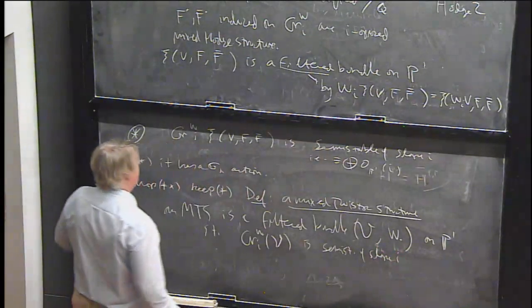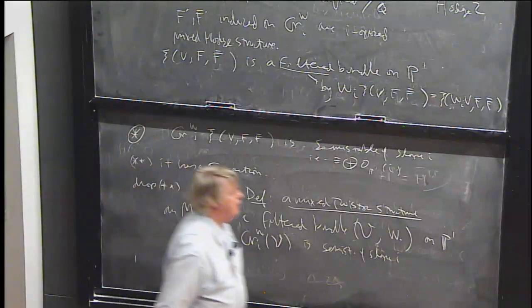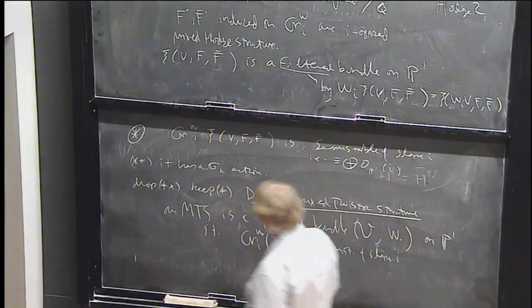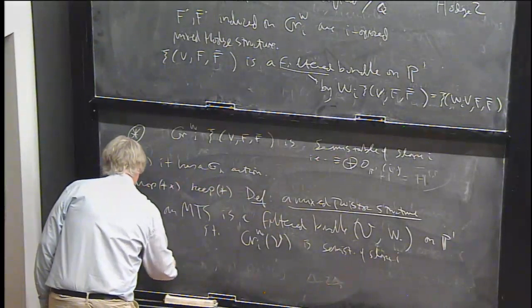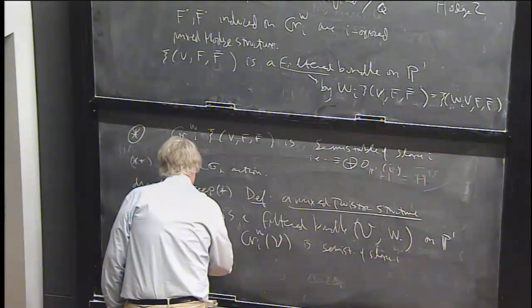Then there's a theorem, Deligne's theorem. In the paper Hodge 2, the main theorem really, aside from the construction and everything, is that there's something called a strictness property for mixed Hodge structures. And the proposition is that mixed twistor structures satisfy Deligne's strictness property.